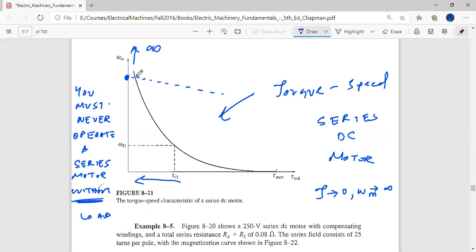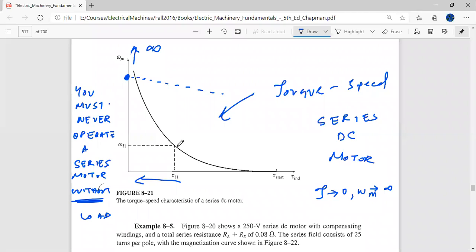So if a DC shunt motor or separately excited motor is used, you could operate it with no load, because when the torque in that case went to zero, the RPM had some finite value.